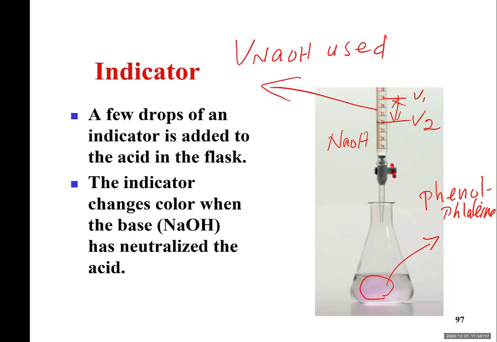Do you have any questions so far? That's all, which is in lab 13. You just add base to neutralize the acid. When the color appears, read the volume. The difference between the initial volume and final volume shows the volume of NaOH used.